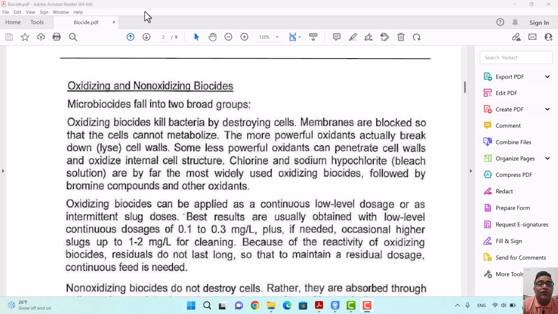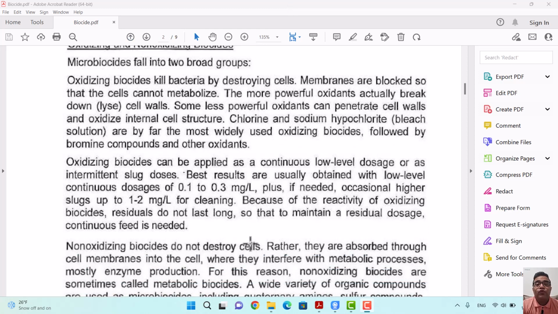So, to summarize what we have learned from this text, we have two types of biocides: oxidizing biocides and non-oxidizing biocides. Oxidizing biocides kill bacteria by destroying cells, while non-oxidizing biocides do not destroy cells. They are absorbed through cell membranes into the cell, where they interfere with metabolic processes and mostly enzyme productions.